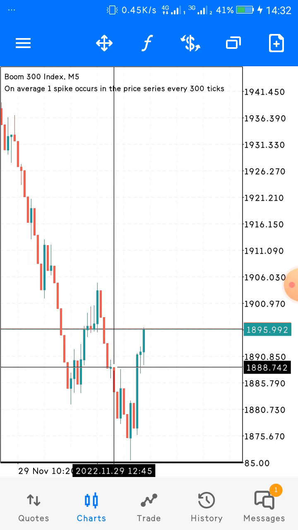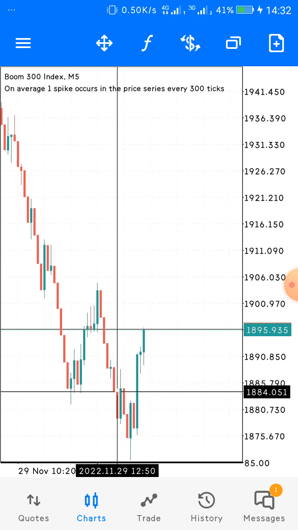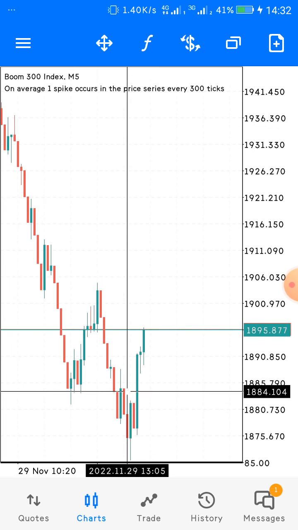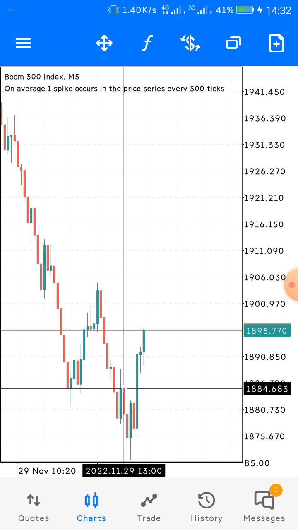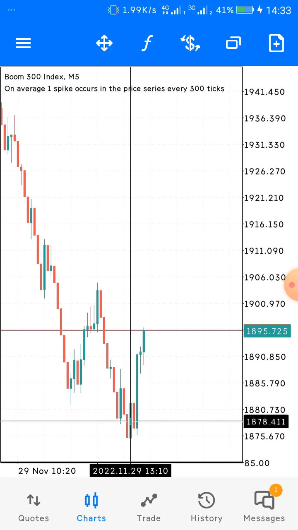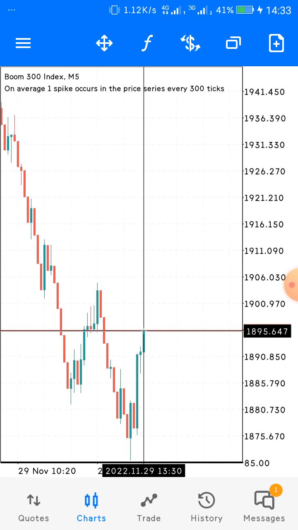So you catch this first big spike here, then it will still indicate that you should hold on, that more spikes are coming, and then you catch this spike, and then you catch this spike, and as you keep catching spikes, it will keep giving you the signal that you are still going to have more spikes.